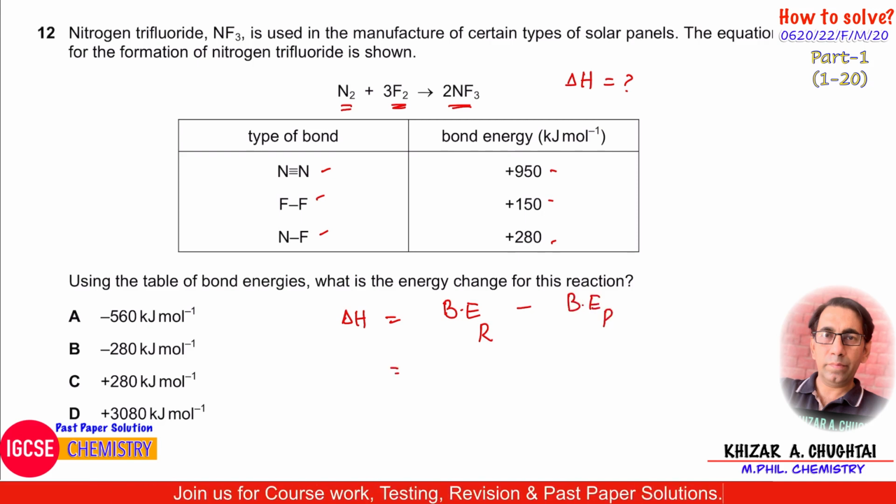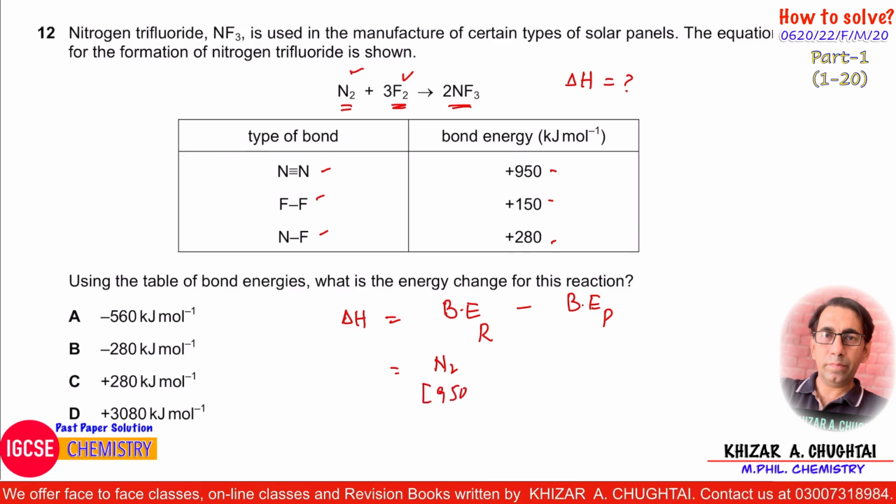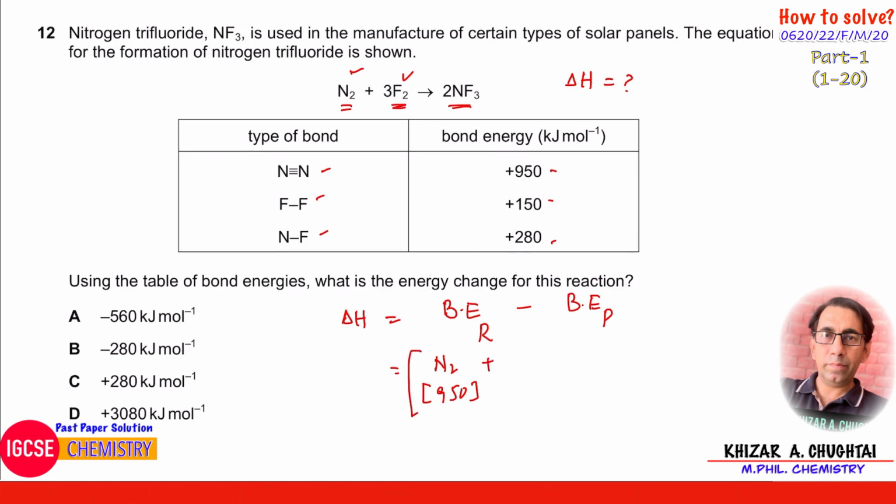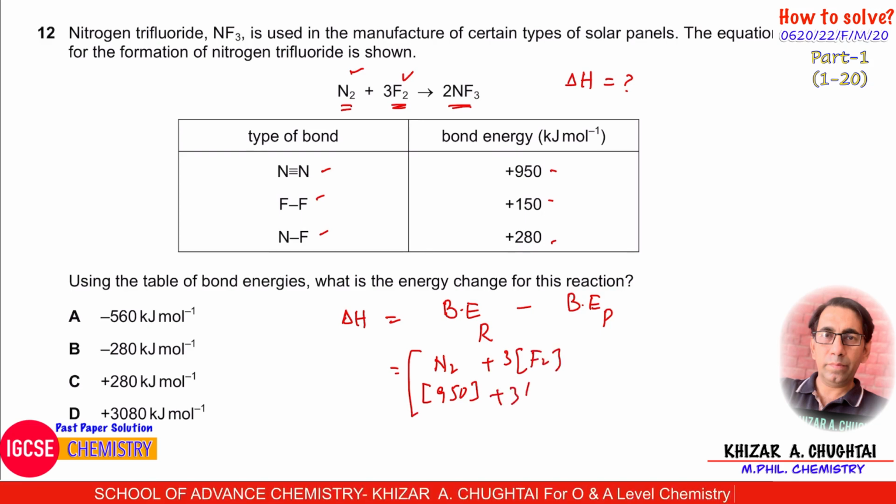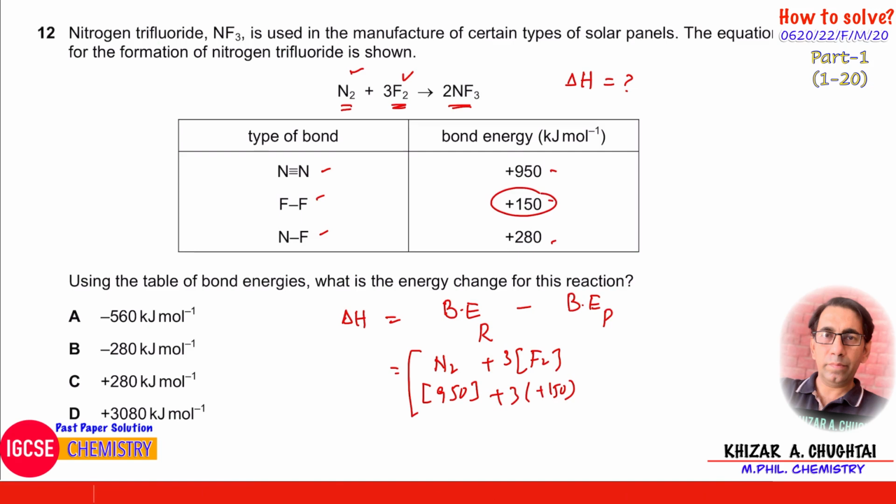So what is the bond energy of the reactants? There are two reactants. One is N2, nitrogen with an N triple bond, which has 950 kilojoules, plus 3F2, I mean 3 multiplied by the FF bond energy, which is 150, bracket close, minus.